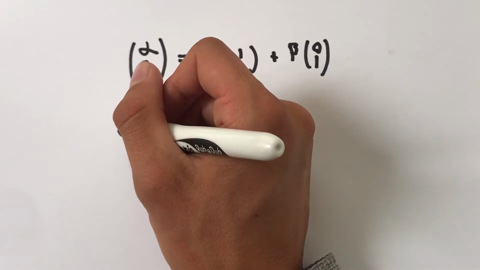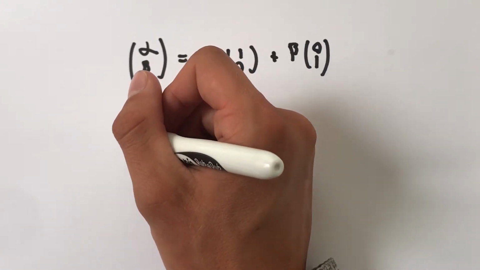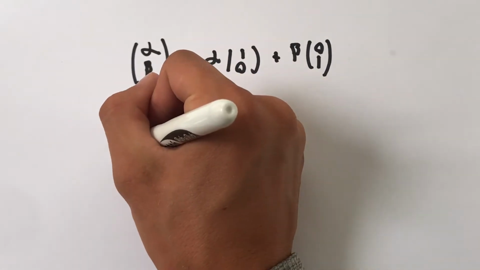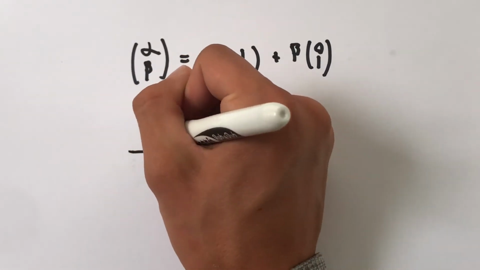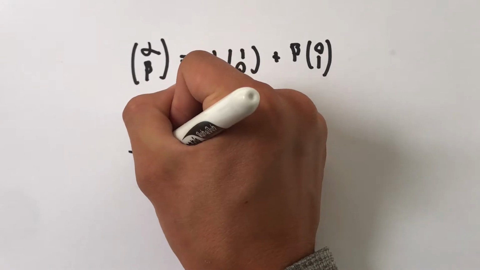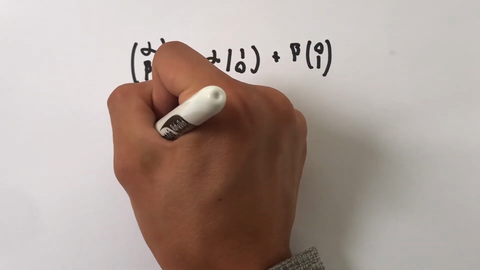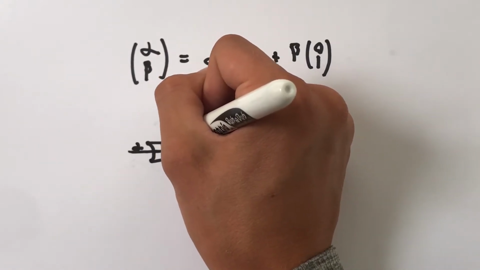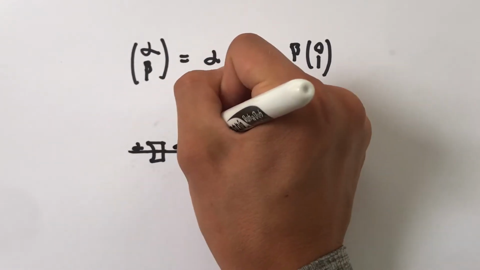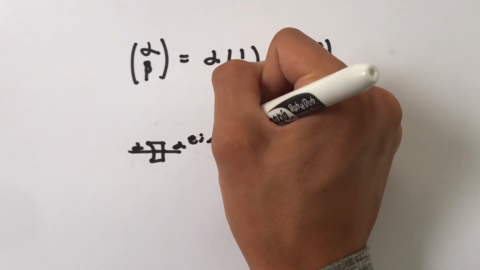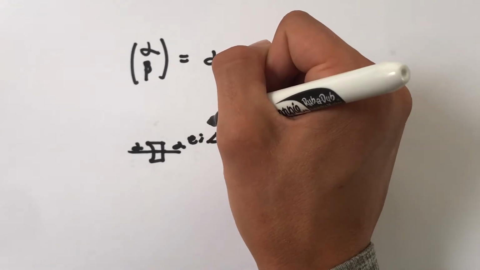So I mentioned before these things called phase shifters. If you have a photon right here and you put a phase shifter here, you will send through alpha, for example, and on the right-hand side you will now have alpha times e to the i delta, where delta is a real number.